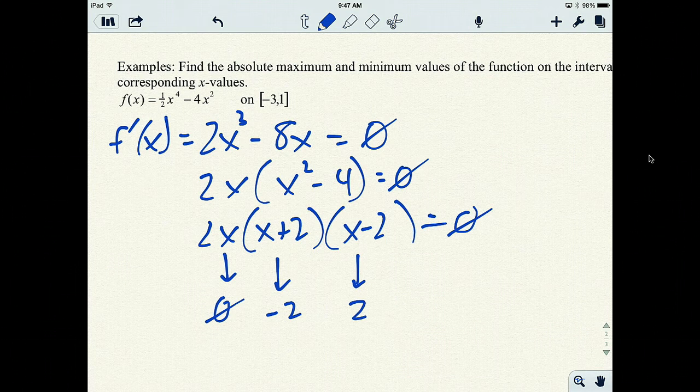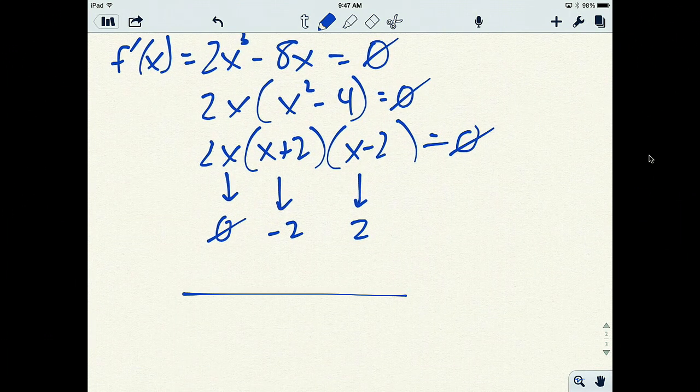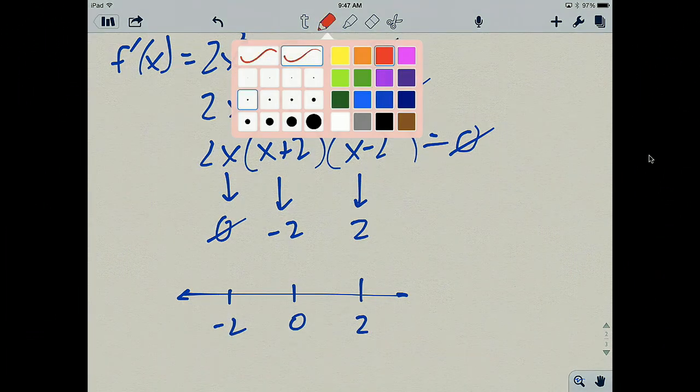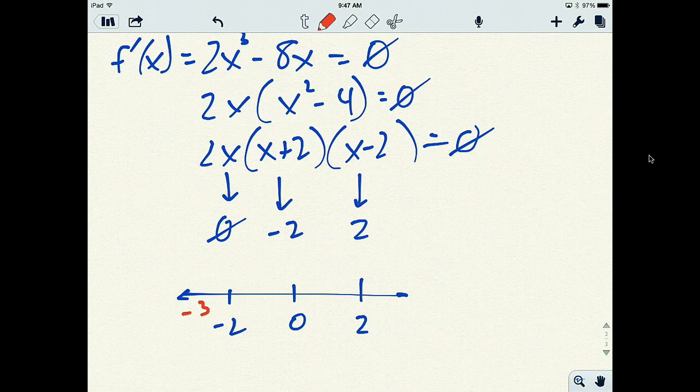And now, again, I'm going to put this on a number line, putting it in order. And then I'm going to test some numbers. I want to test -3, -1, 1, and 3. And I want to just see what the signs are. I don't care what the values are, I just care about what the sign is.